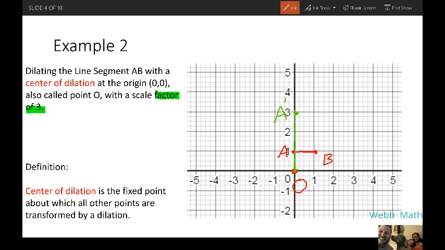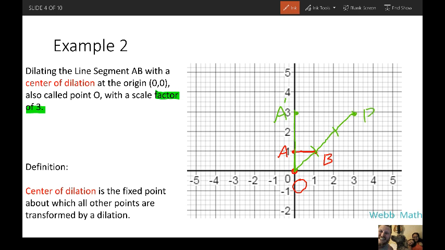Now let's talk about B and where B prime is going to be. Notice how the distance from O to B is that little mark right there. But now we're going to go 3 times that. So 1, 2, 3.